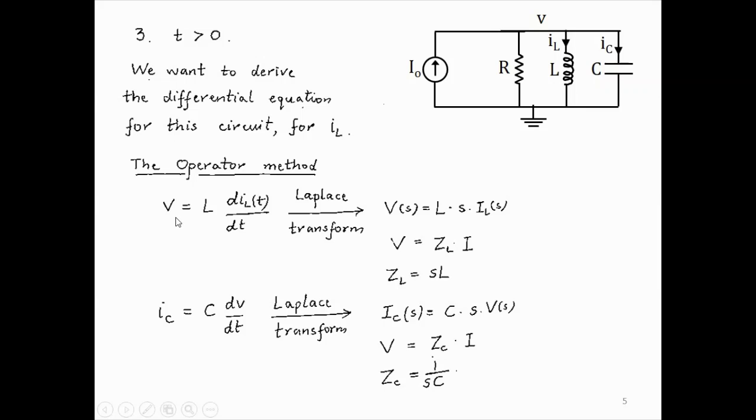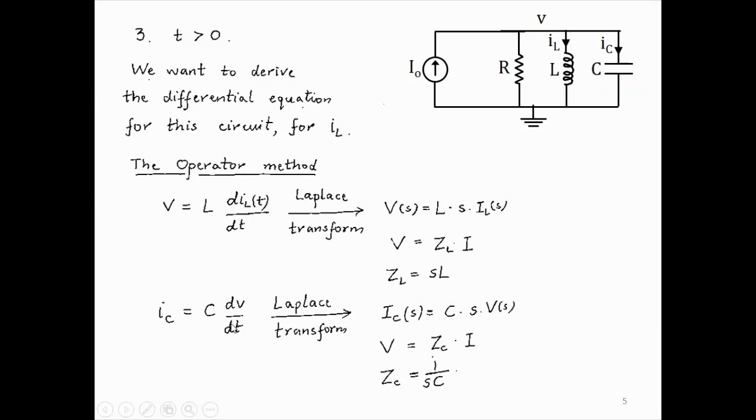The inductor equation is V equals L di/dt. If we take the Laplace transform, we get V of s, and the derivative of IL will become s times IL, as we just saw. And then we call this s times L the complex impedance of the inductor, so it is called ZL, and ZL is s times L.